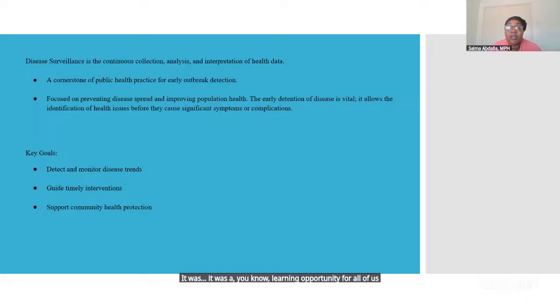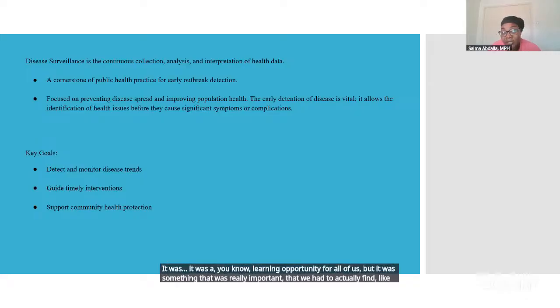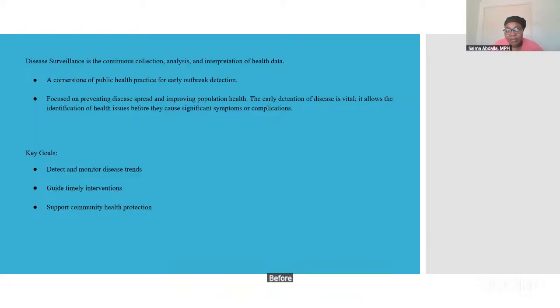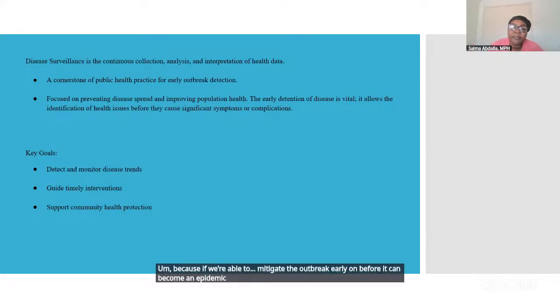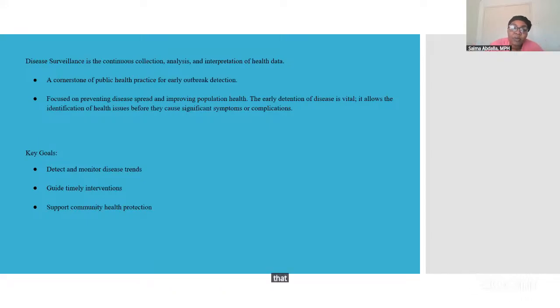It was really important that we find the positive cases before they could spread, and find them early on, because if we're able to mitigate the outbreak before it can become an epidemic, then we can save lives and more communities can be saved.